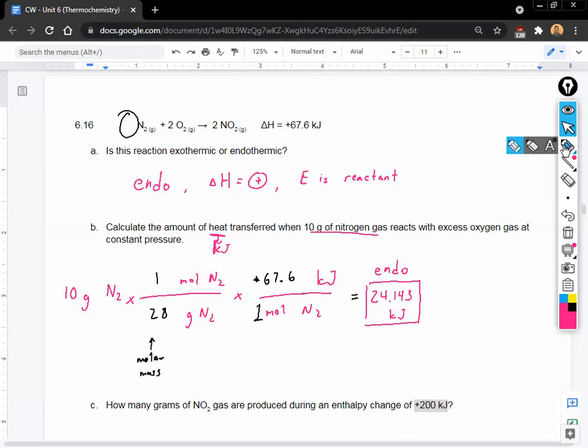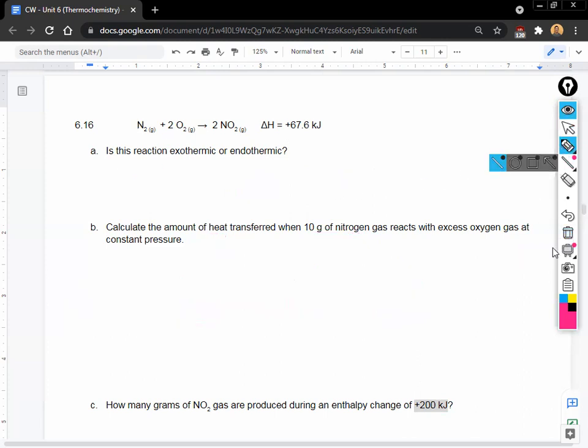Yes. Okay, so let's start with our starting value of 200 kilojoules. So we're gonna write 200 kJ. Now we don't want kJ, we want grams of NO2 gas, so we're gonna set up a fraction. It tells you here that it's 67.6 kilojoules per how many moles of NO2?